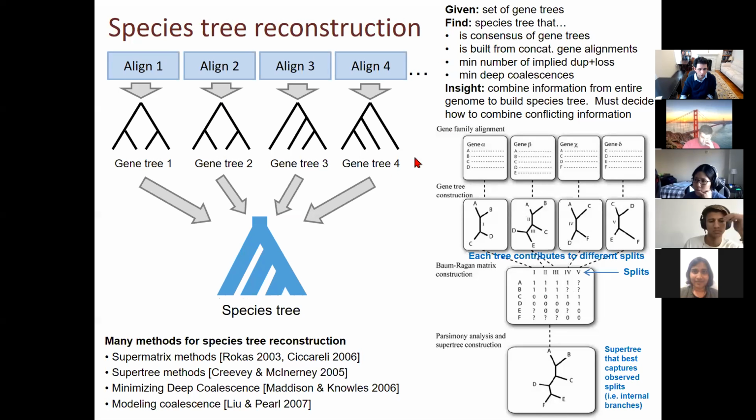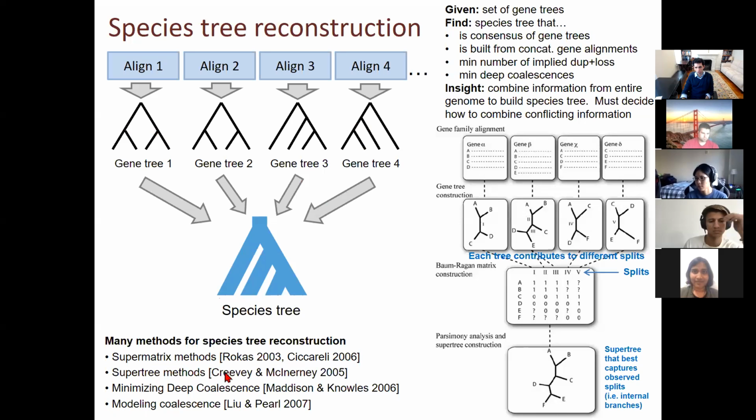Okay, so what are some methods for doing these species tree reconstructions? There are supermatrix methods, which basically ask: if I have matrices of similarities across each of these trees and across each of the species, can I have a combined score for the overall distance between any pair of species through that matrix?